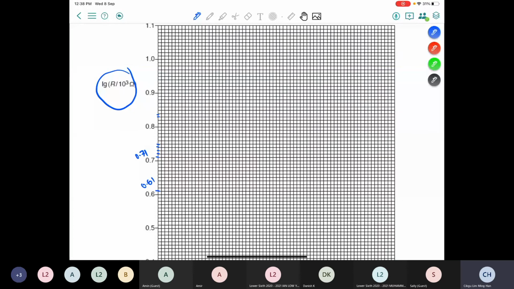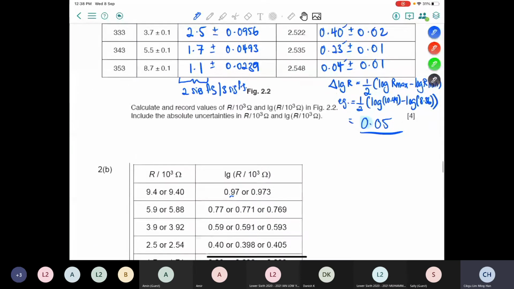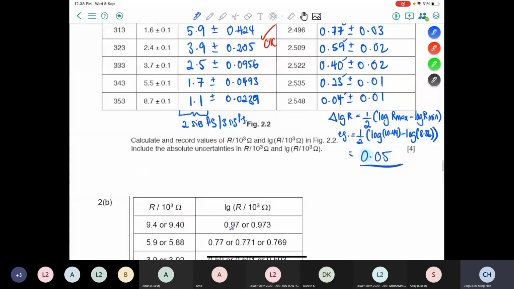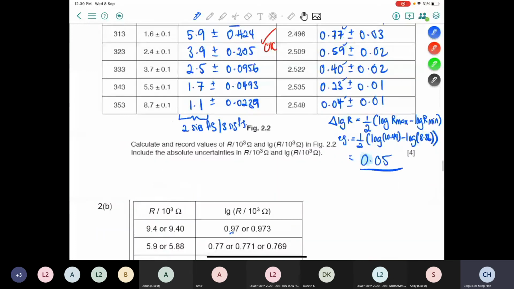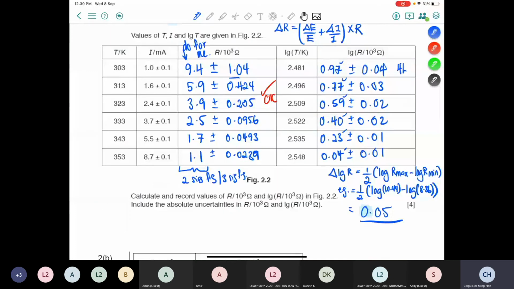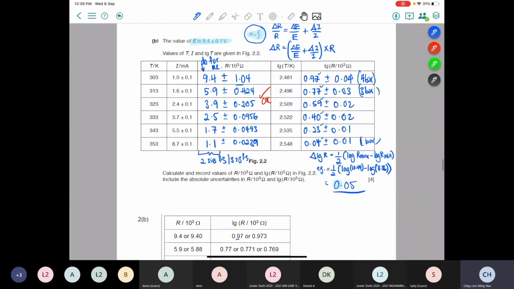Oh, 0.01? Okay, can. So this one will be one box only, 0.01, because the division will be 0.01. One box, 2 boxes only. So this is about 4 boxes, 3 boxes, followed by the last one about 1 box. So it's doable here.